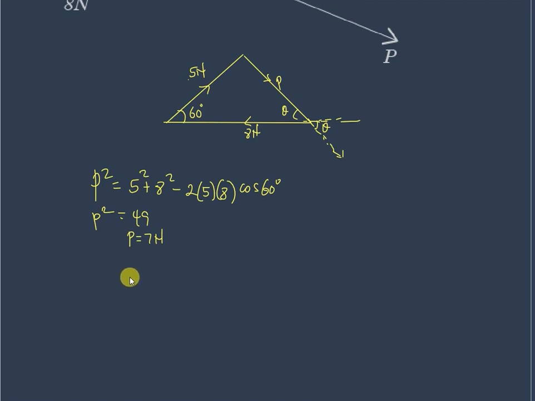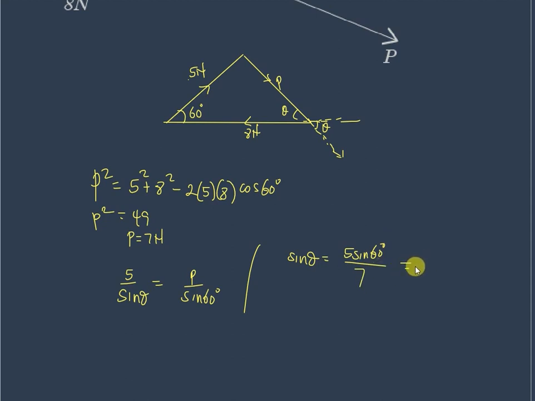Then we can go on to use the sine rule to get the value of theta. So we have 5 divided by sine of theta equal to P, which we have just got, divided by sine of 60 degrees. Cross multiplying, sine of theta is equal to 5 sine of 60 degrees divided by P, which is 7.